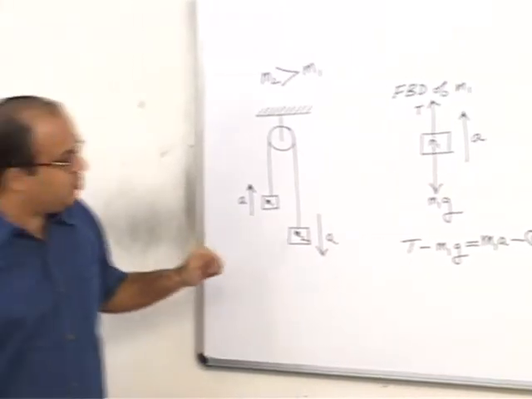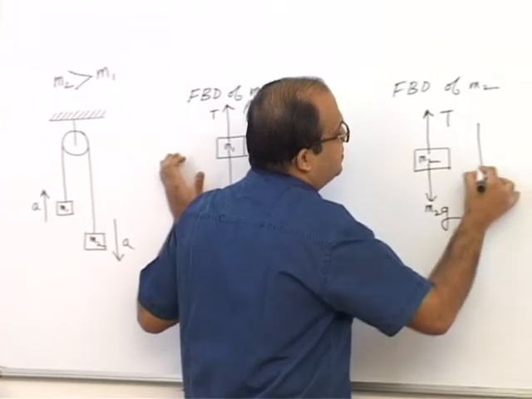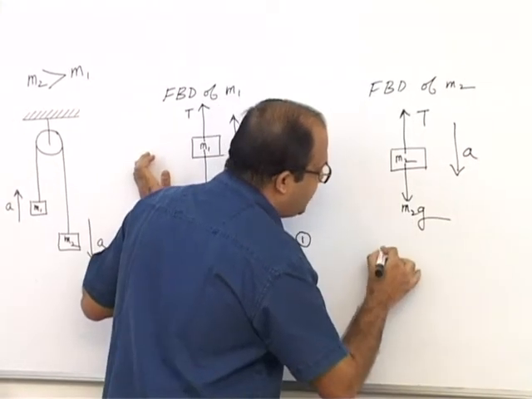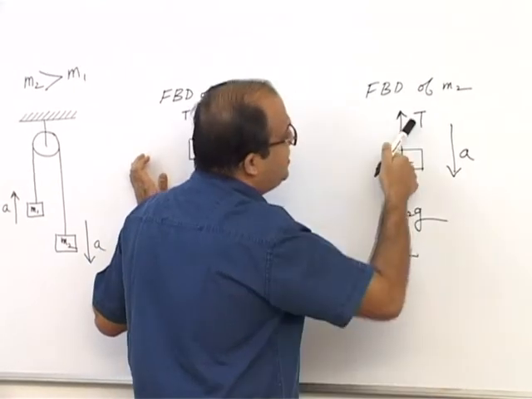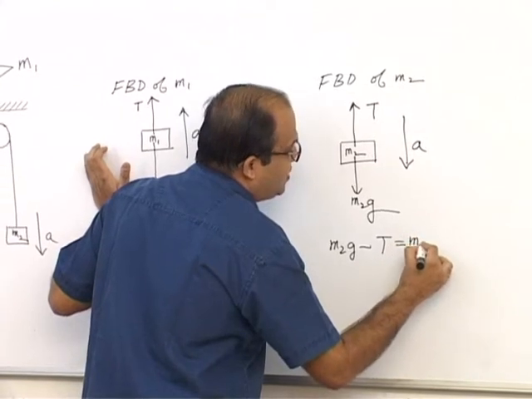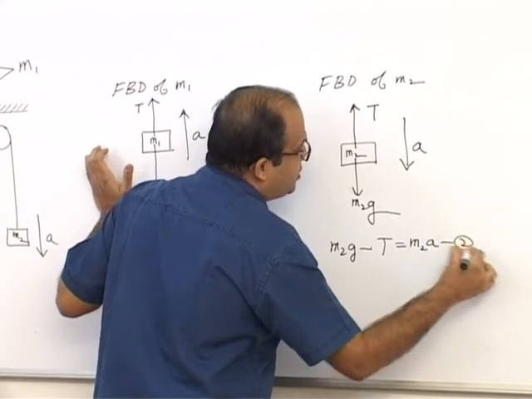And the acceleration of M2 is in the downward direction. So this force is greater than this force, so we write this force first. Put a minus sign, write that force, and that will be equal to mass into acceleration. This is equation number 2.